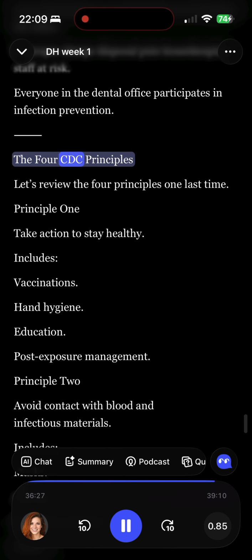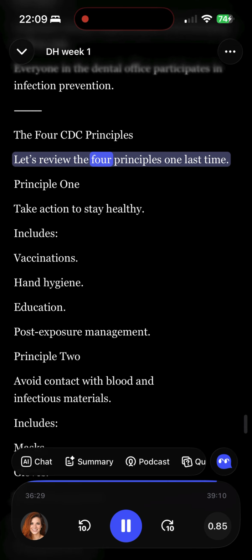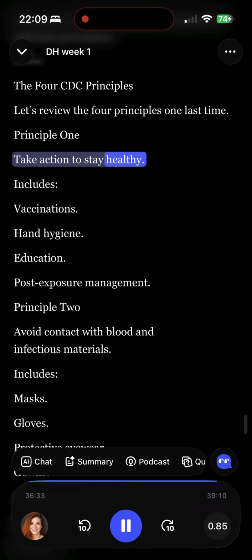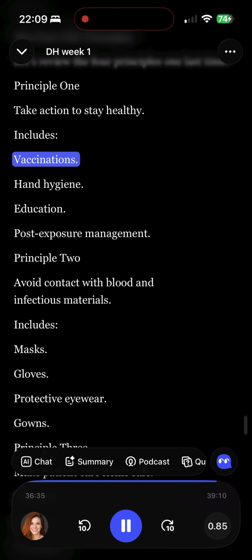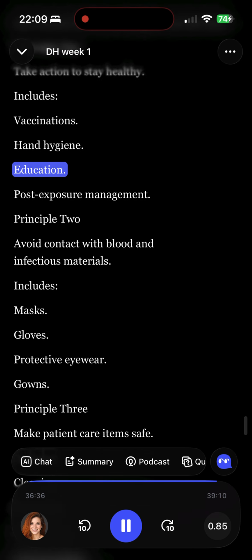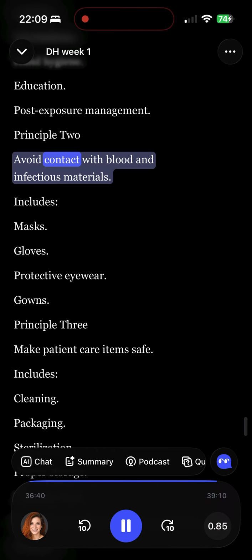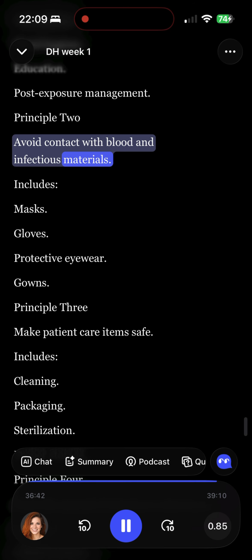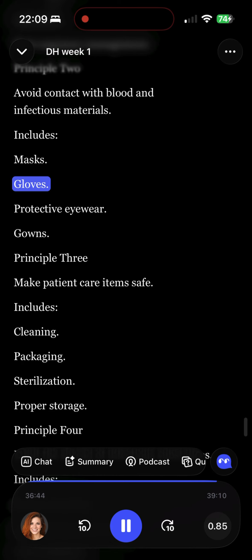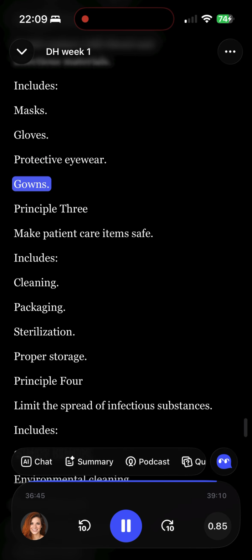The 4 CDC principles. Let's review the 4 principles one last time. Principle 1: Take action to stay healthy. Includes vaccinations, hand hygiene, education, post-exposure management. Principle 2: Avoid contact with blood and infectious materials. Includes masks, gloves, protective eyewear, gowns.